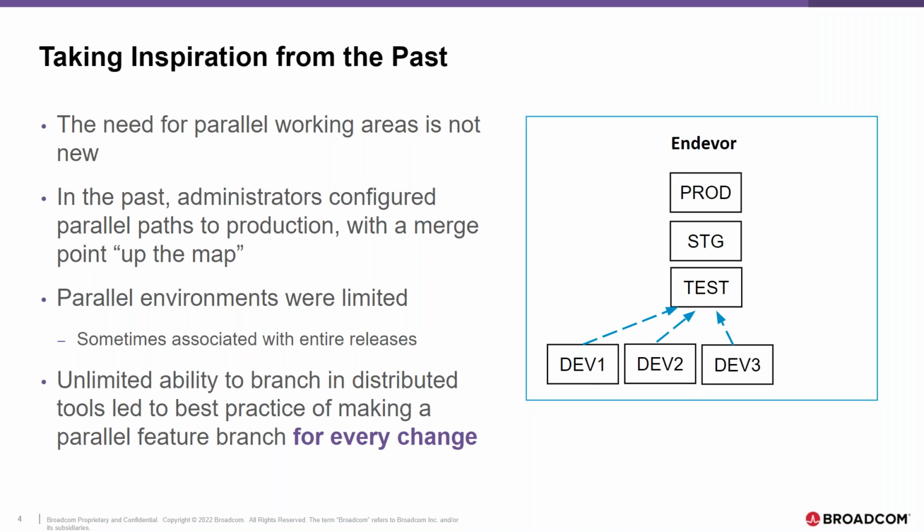And you can imagine that having Dev 1, Dev 2, Dev 3 is fine if you're doing parallel releases. But if you're doing isolation on every single change to try and implement Agile, then having Dev 1, Dev 2, Dev 3 is simply not enough, right? So what you need is to be able to have as many of those parallel containers, if you will, as you want.